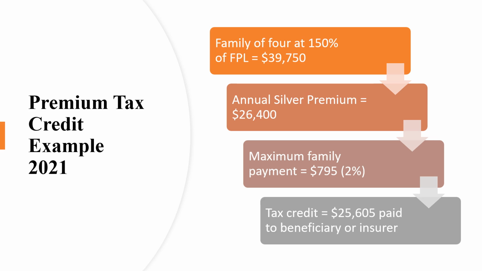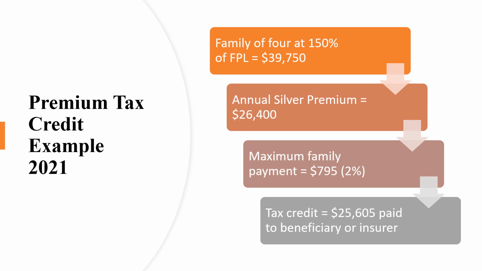Given that their income is $39,750, 2% of that is $795, which means that there would be a tax credit equal to roughly $26,000 that would be paid to the beneficiary or the insurer.